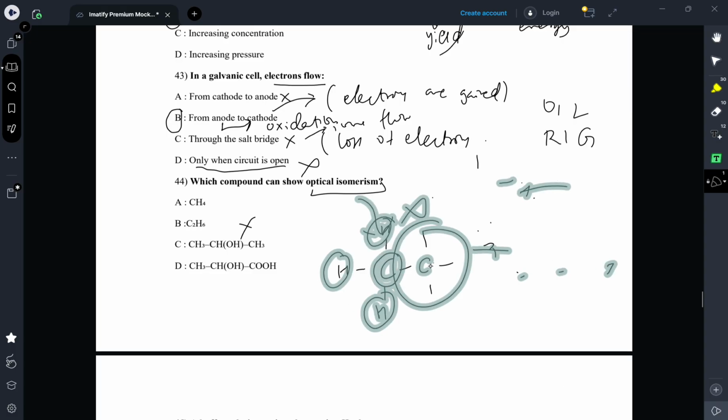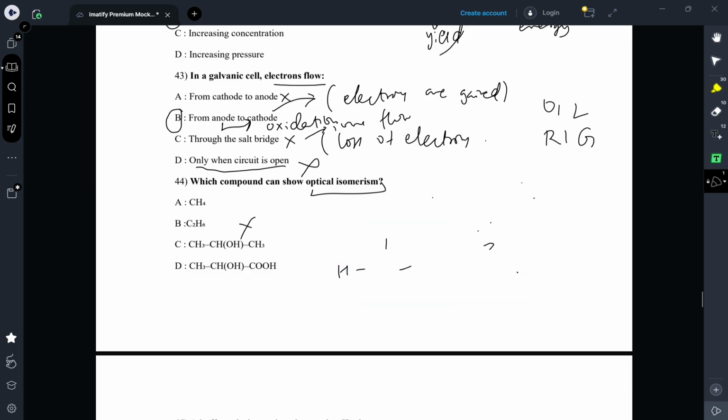Moving to the next one. So we draw CH3, C, H, OH, and then CH3 again. Looking at this carbon, let's see.